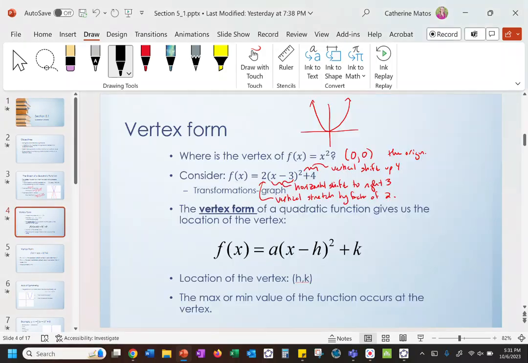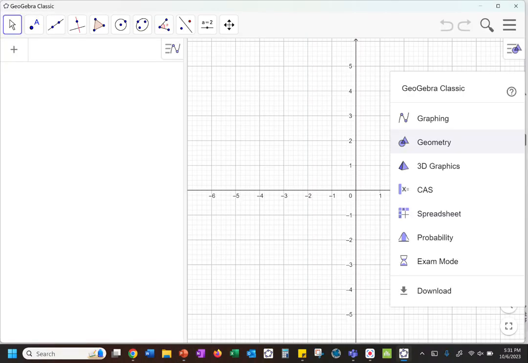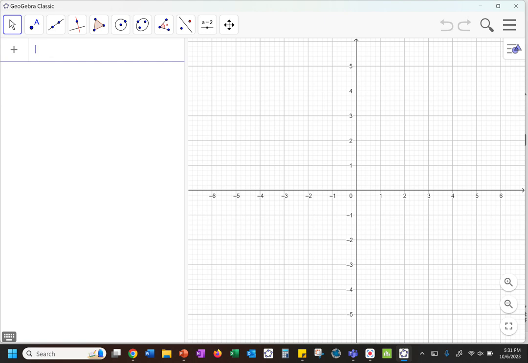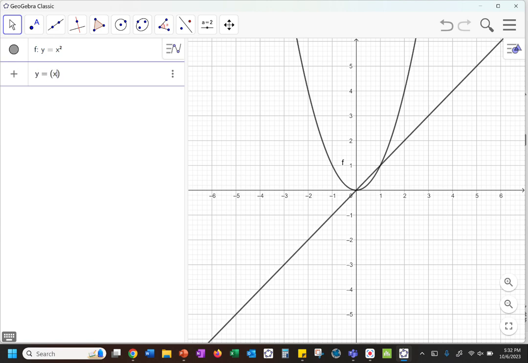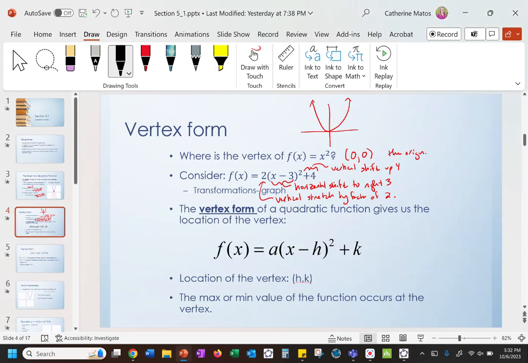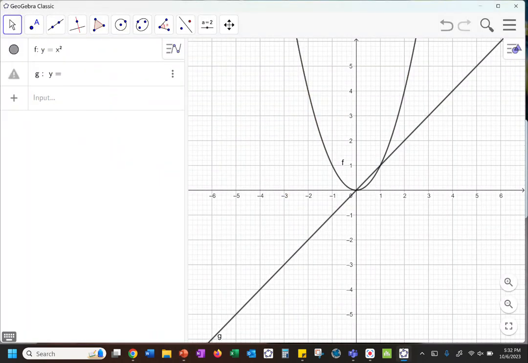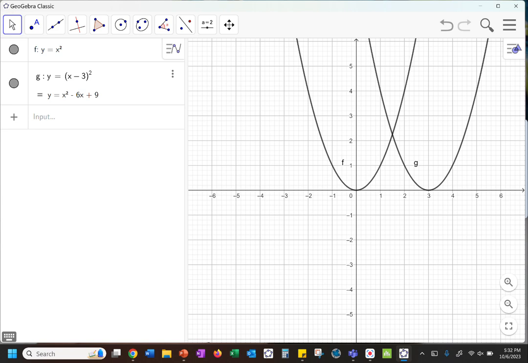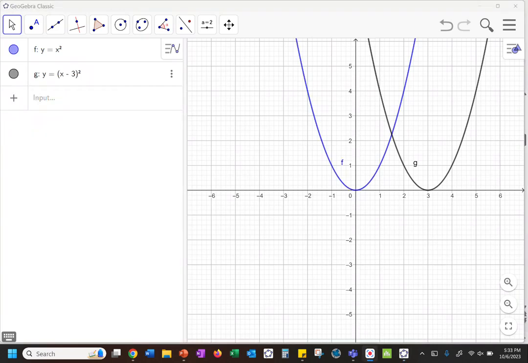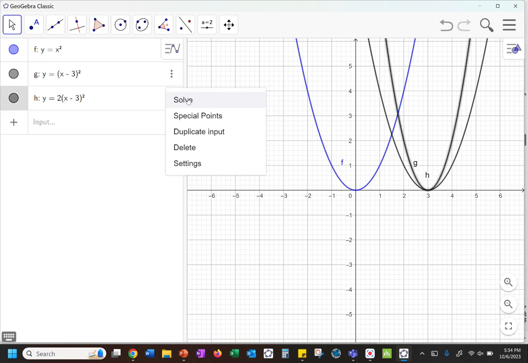We can see if we graph this thing that really it just is those changes, right? So if we take y equals x squared, there's our plain Jane vertex. If I do y equals x minus 3 squared, that is shifting over to the side. So let's apply our stretch. Right, so you can see I'm going to change the color on this.